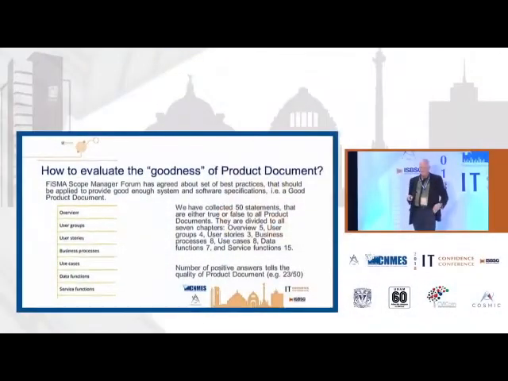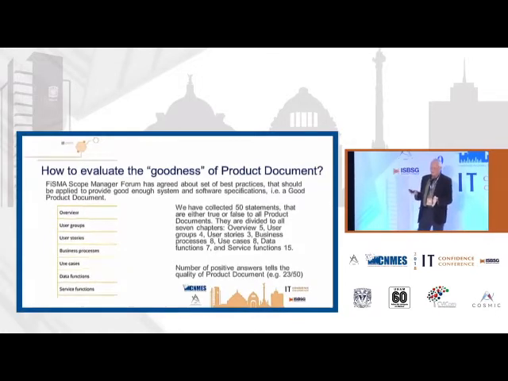So we have collected 50 statements, and they are either true or false for all product documents. If you have a product document, you take this tool and you go through the 50 statements and ask: is this true, is this true, is this true.